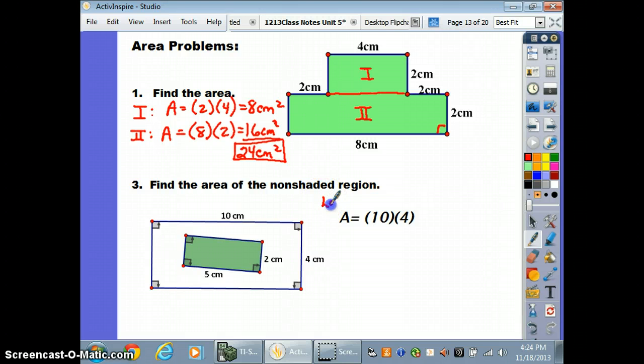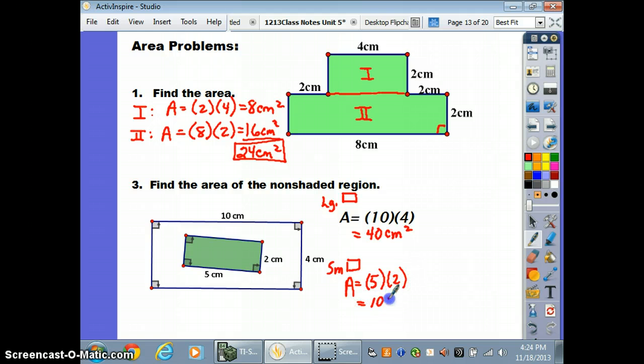Let's just be clear about our notes. The large rectangle, okay? Area is 40 centimeters squared. Now the area of the small rectangle, the green one, is the base 5, then the height 2, 5 times 2.